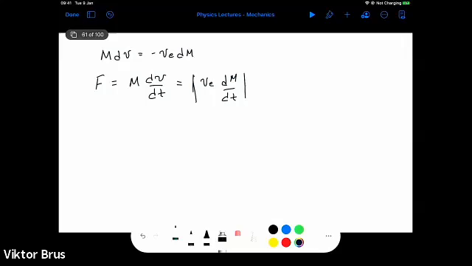And from here, we see that this propulsion force is proportional to v_e, so it increases with increase of the speed of ejecting of the fuel, and also to the rate of burning, so-called, because this change of mass over time shows how much of fuel we burn per second.